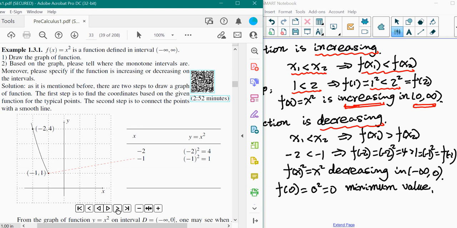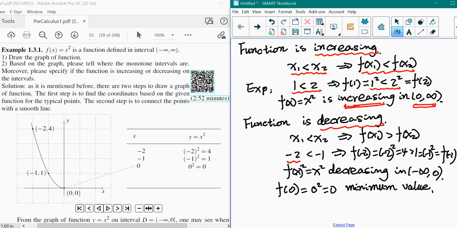So in this case, when the value goes from smaller to bigger, again, -2 is less than -1, the height goes from higher to lower. Then the function will be decreasing.